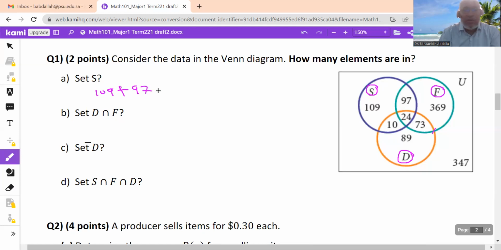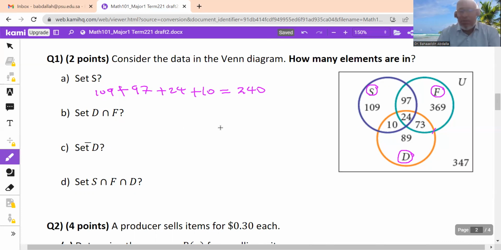This is also in set S, plus 24 plus 10. All of these elements are in set S, and the answer would be 240. So there are 240 elements in set S.